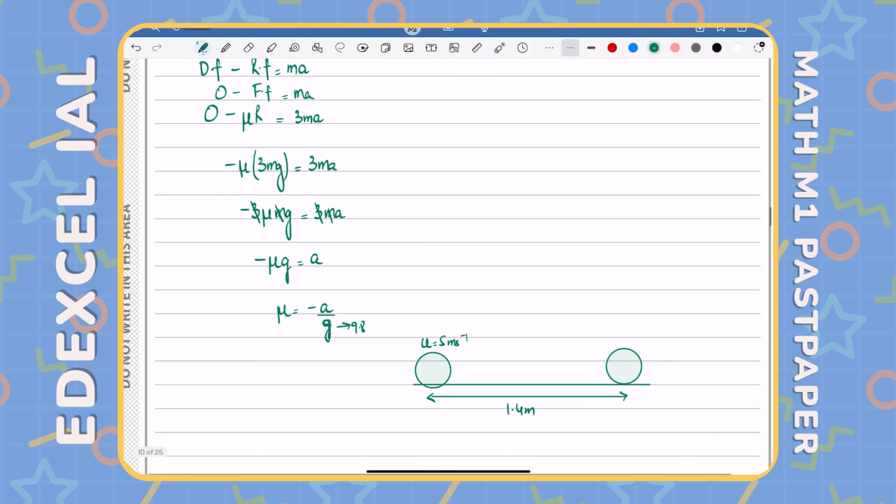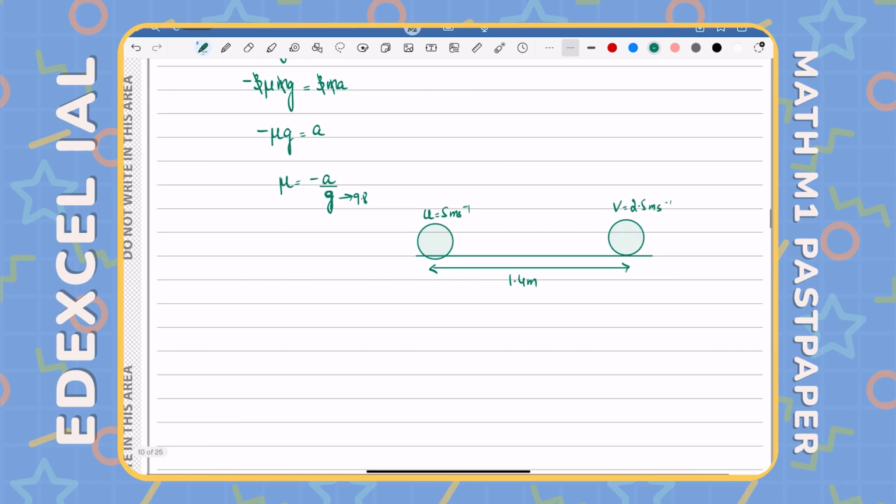So that means just before collision, its final velocity was 2.5 meters per second. So what can we do with the help of this information? We can find out the acceleration. How? Using the formula 2as is equal to v squared minus u squared. So 2a times the distance, which is 1.4, is equal to v squared, which means 2.5 squared minus 5 squared.